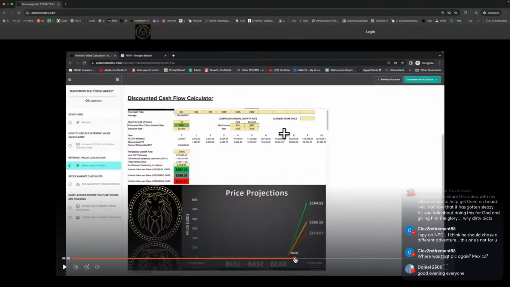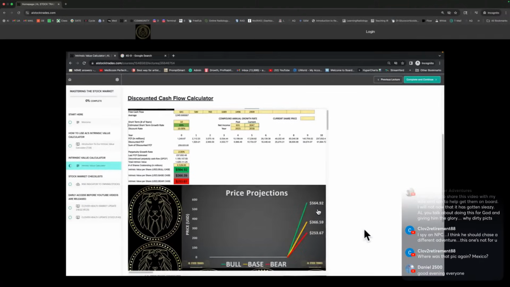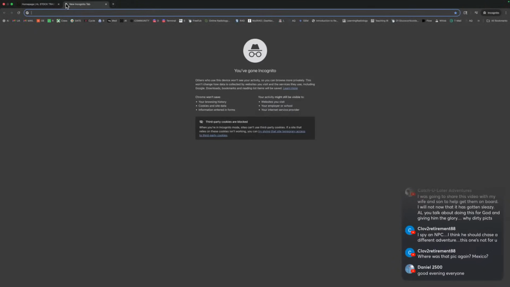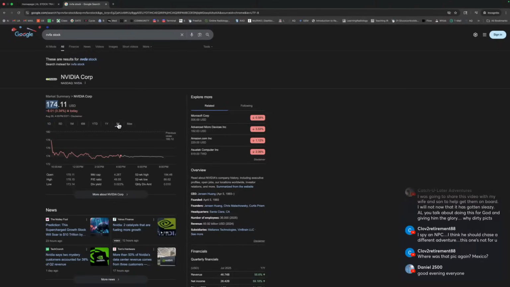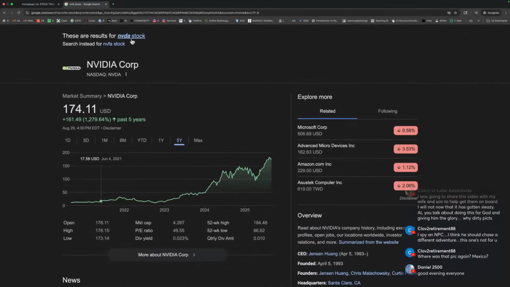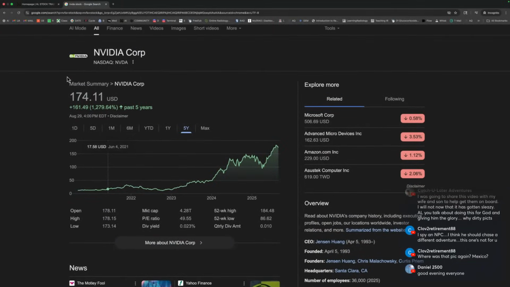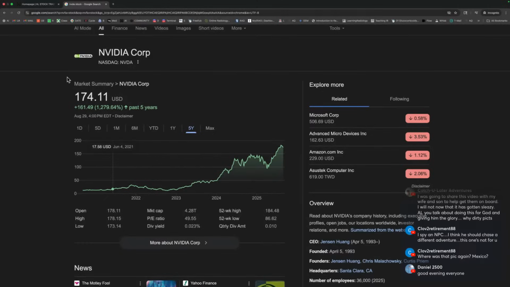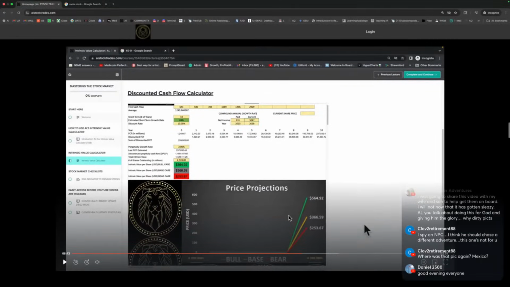So we were doing the intrinsic value, and we were saying we believe NVIDIA is going to be $564. You might ask yourself right now, but it's 174. And this is why I like to have this as a filter, because I want smart people to say, wait a minute, wasn't the stock pre-adjusted split?